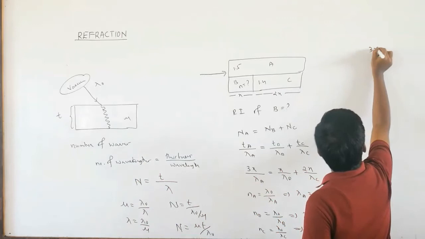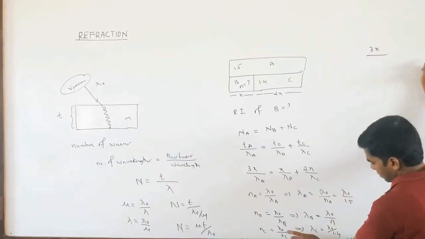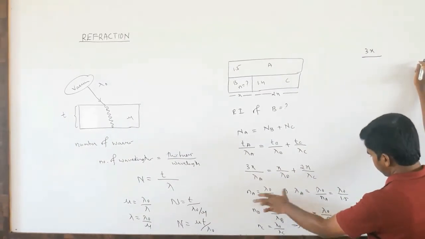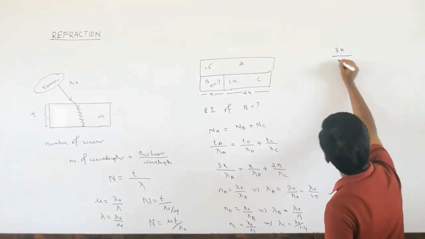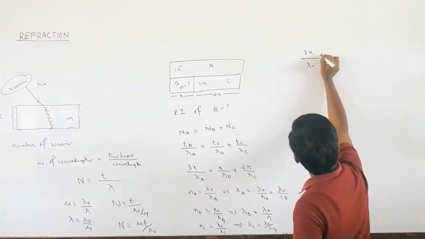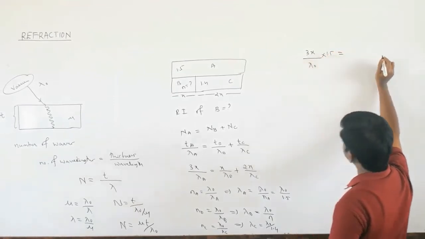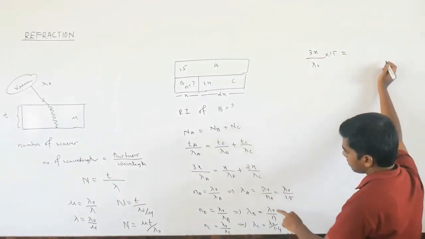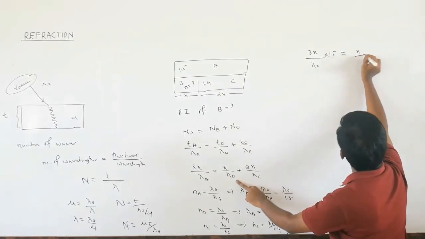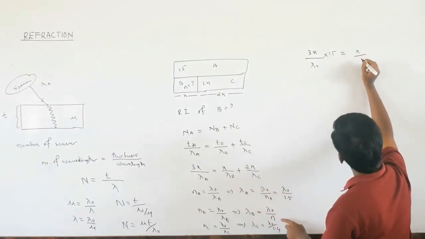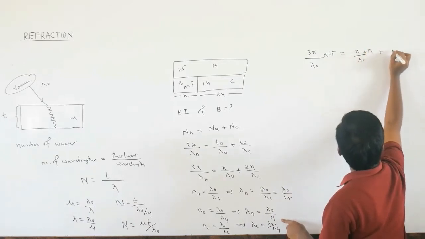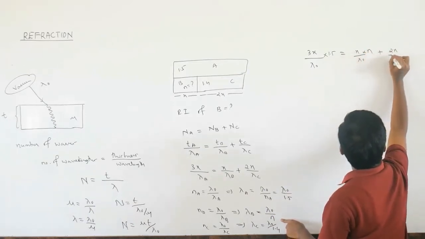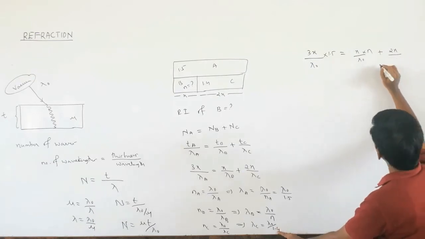So what will happen? 3x divided by lambda A, which is lambda naught divided by 1.5, equals, it will become multiplication, x divided by lambda naught by n plus 2x divided by lambda naught by 1.4.